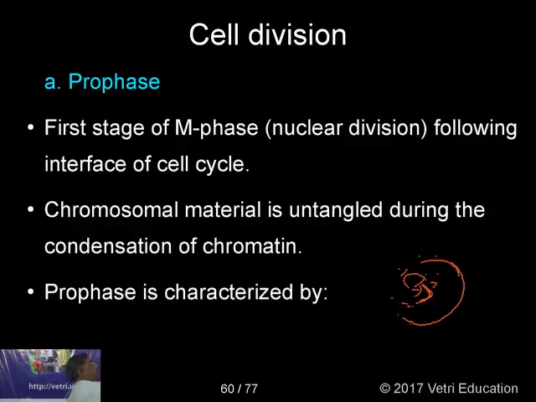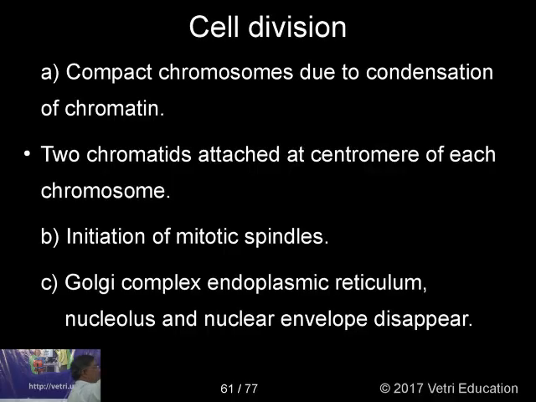Prophase is characterized by compact chromosomes due to condensation of chromatin, with 2 chromatids attached at the centromere of each chromosome. As I told you already, there is a central centromere, and on both sides of the centromere chromatids are formed.